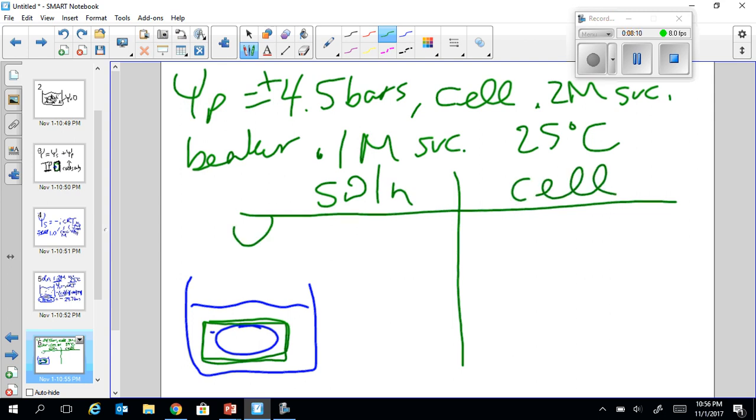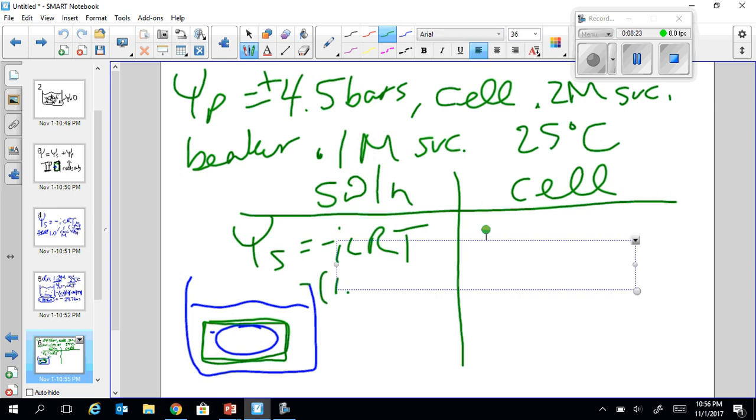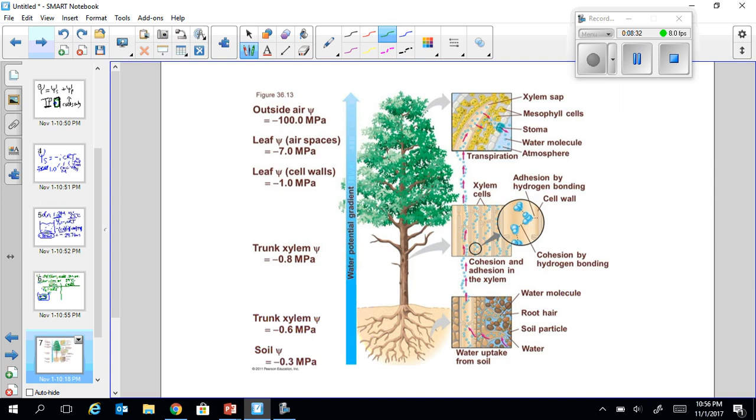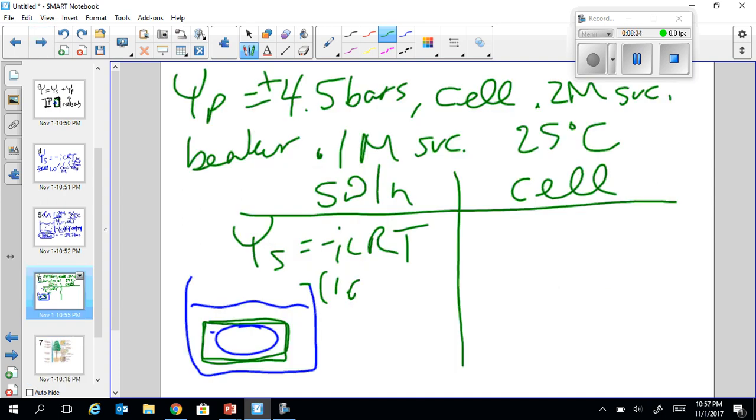When you do the solution, all you're figuring out is the solute. Okay, so negative iCRT. Because, again, there's no pressure. So when I do this, I've got negative 1.0. All right, 1.0. My C for my solution was 0.1.